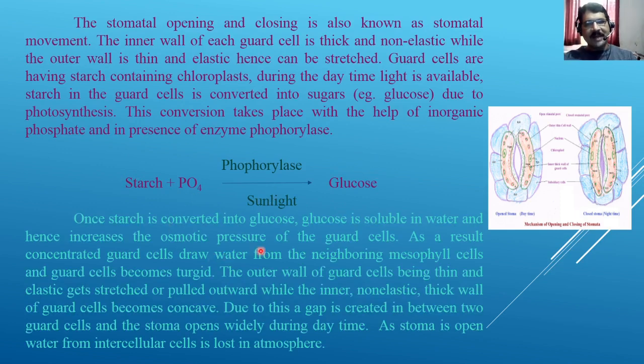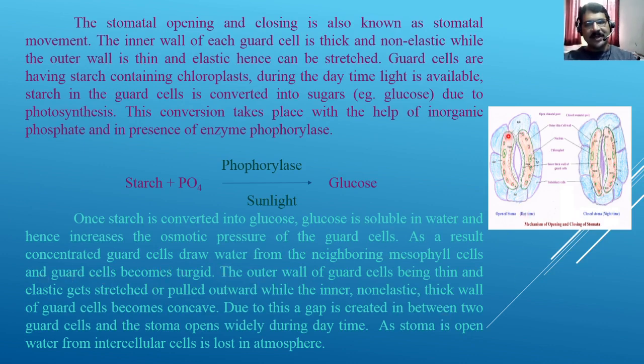Once starch is converted into glucose, glucose is soluble in water and hence increases the osmotic pressure of guard cells. As a result, the concentrated guard cells draw water from the neighboring mesophyll cells and become turgid.